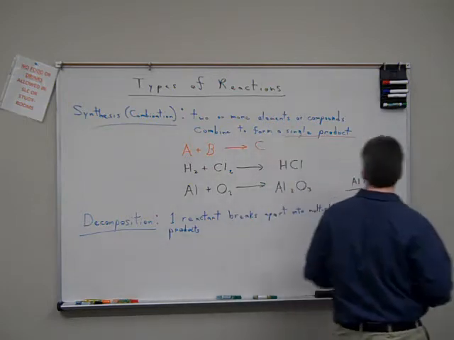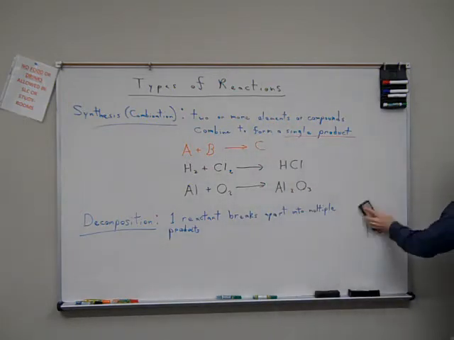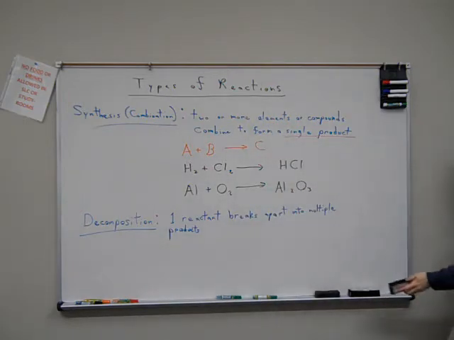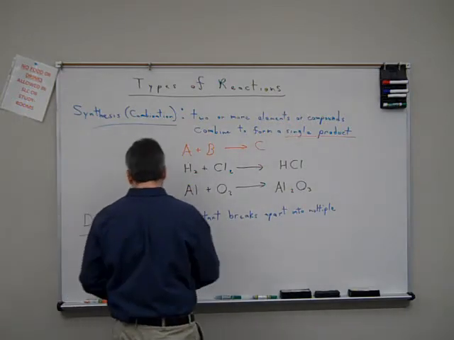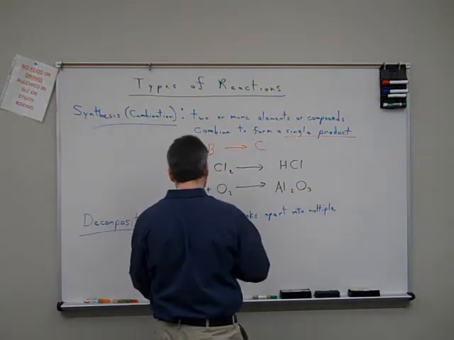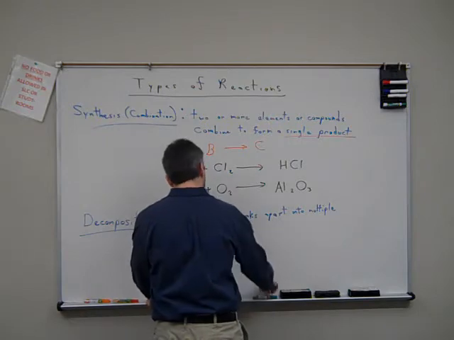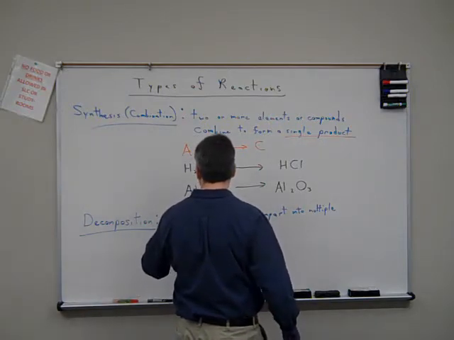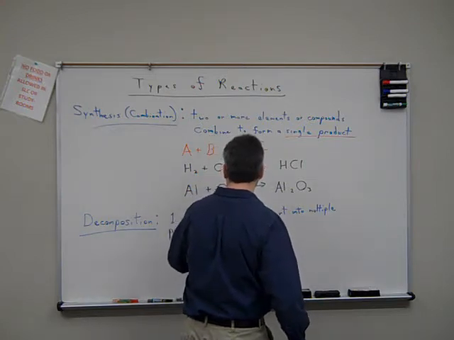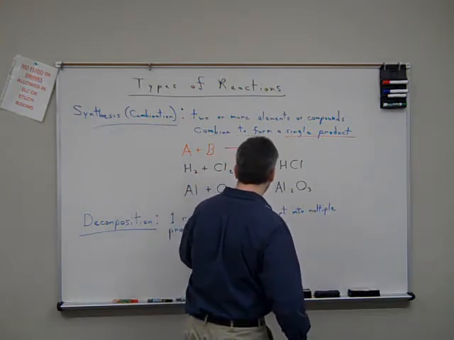Usually the most common type of decomposition reaction is when a compound breaks up into its component elements. The general form for this type of reaction would be the opposite of synthesis. So C breaks up into A plus B.